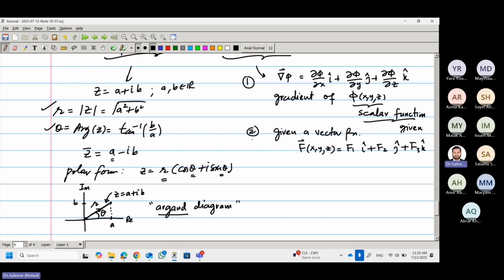If a vector function is given, you can define two things. One is the divergence of f, div f, which is del dot f.